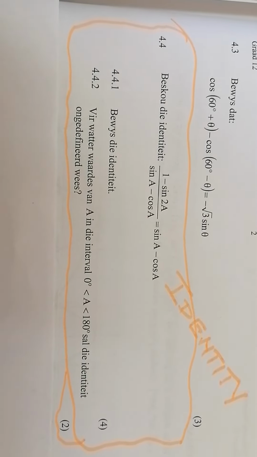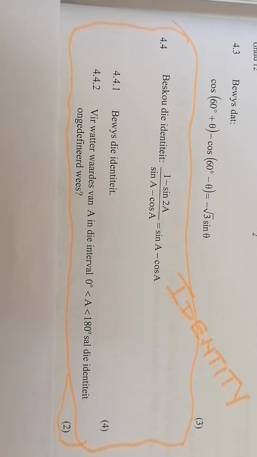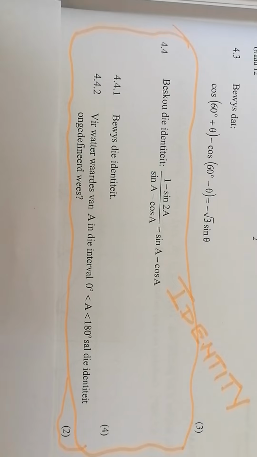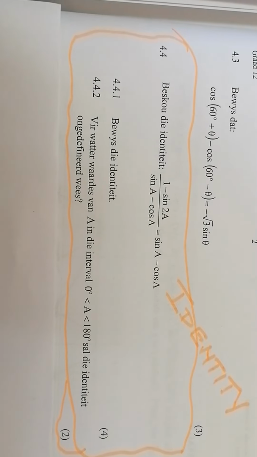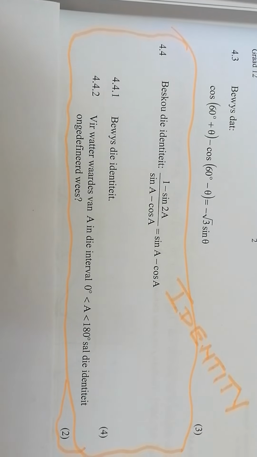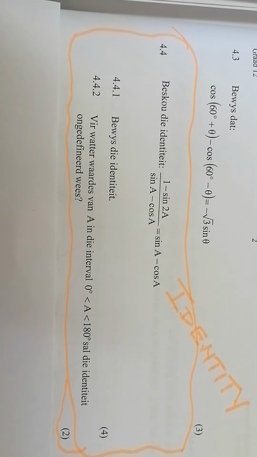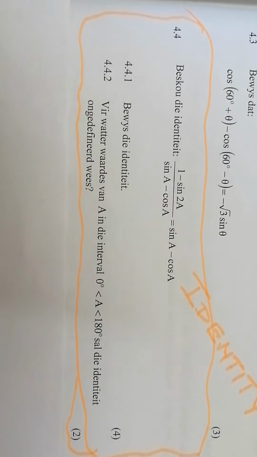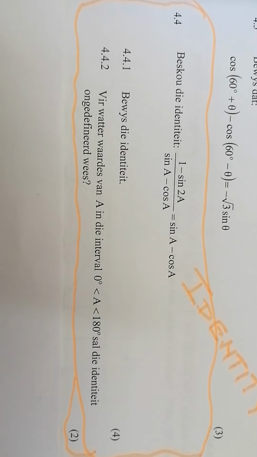Very easy 6 marks. It says to us, show that the identity (1 minus sine 2a) divided by (sine a minus cos a) is exactly the same as sine a minus cos a. That is what they want us to prove.